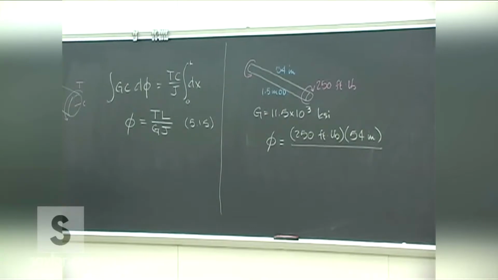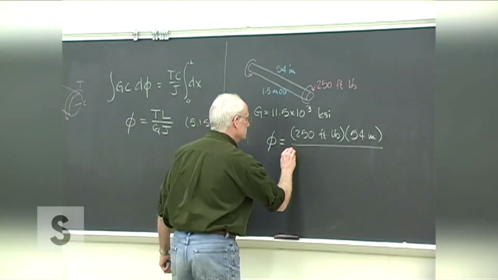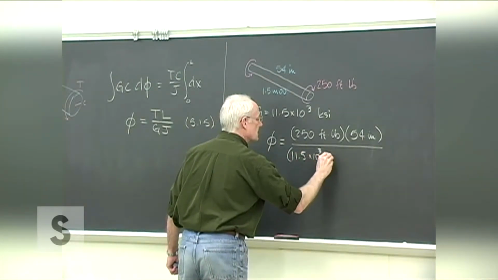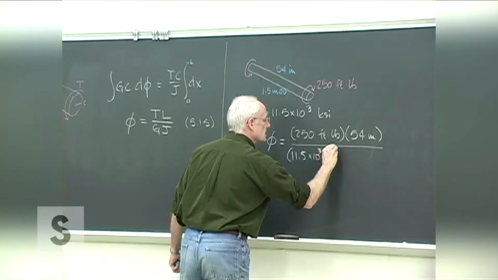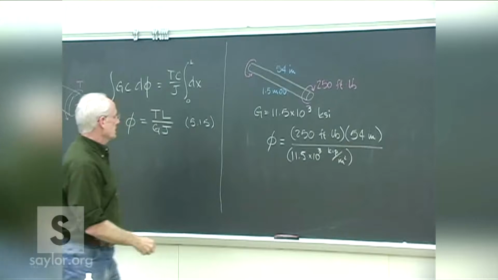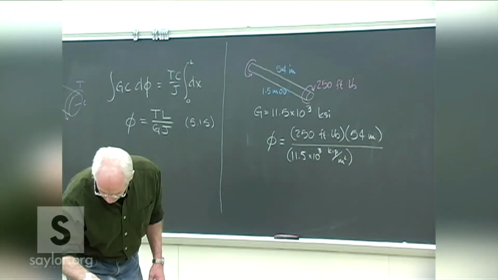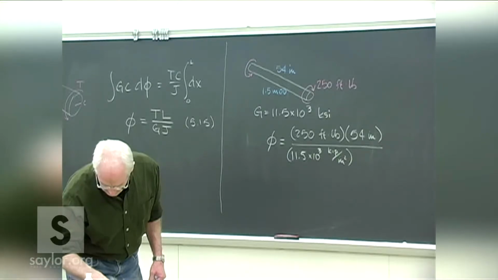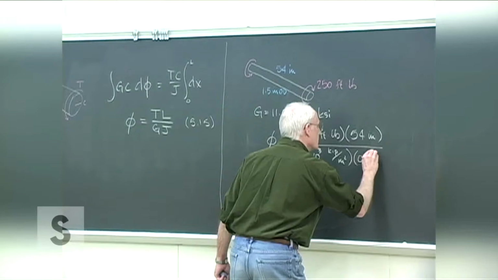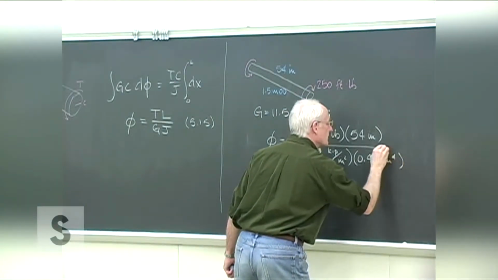The longer the piece, the greater the angular deformation. G, 11.5 times 10 to the third, and this is kilopounds per square inch. And then J, I think I have J, I don't need you to calculate it. You can confirm 0.497 inches to the fourth.